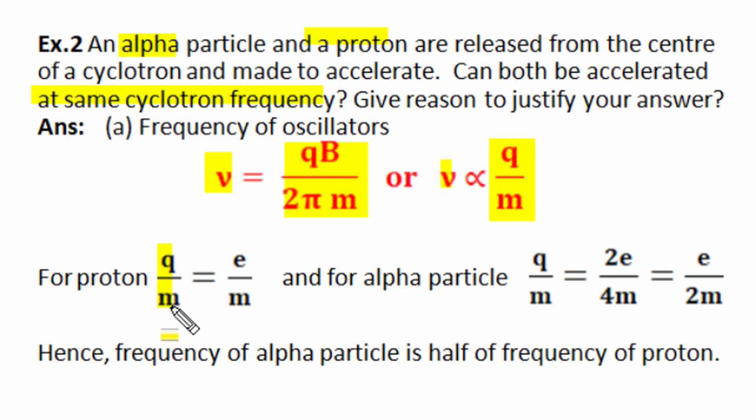For proton, the charge to mass ratio is e by m, and for an alpha particle having 2 times the electronic charge and 4 times the protonic mass, the ratio of charge to mass becomes half of the proton. So the frequency to accelerate an alpha particle with the same magnetic field flux density is only half of the frequency of the proton. So it needs two different settings to accelerate proton and alpha particles. The same magnetic field and same frequency won't work to accelerate both particles together.